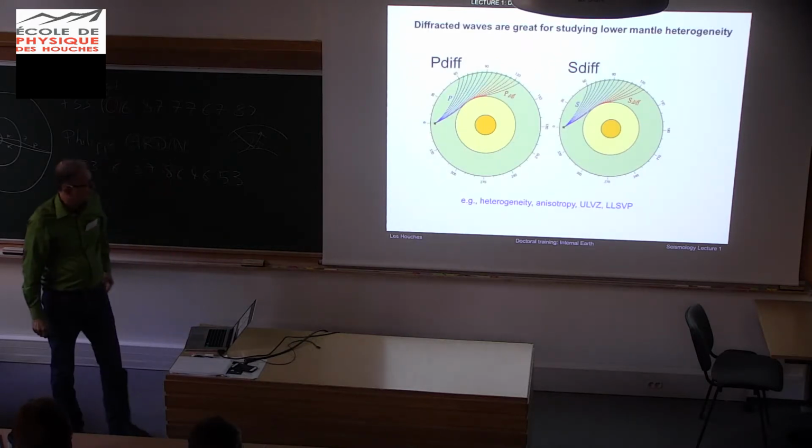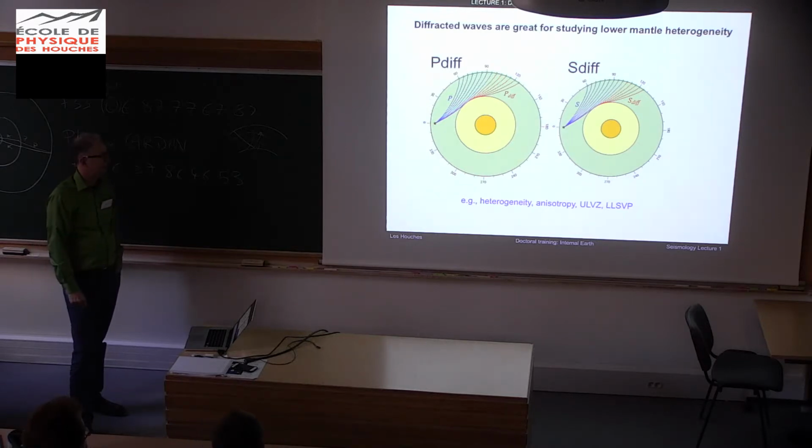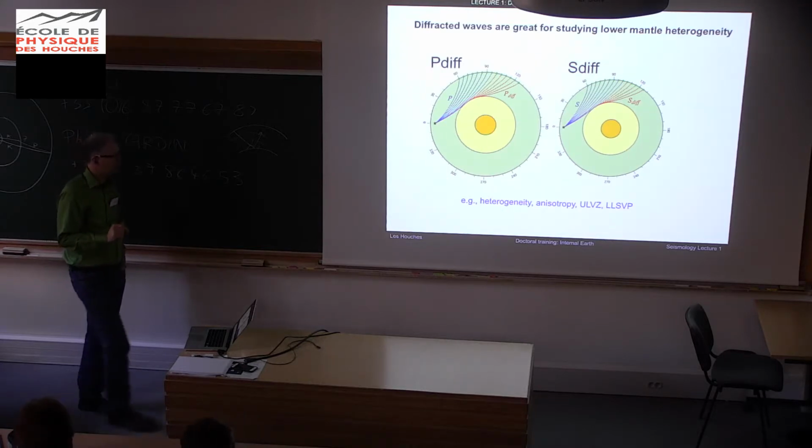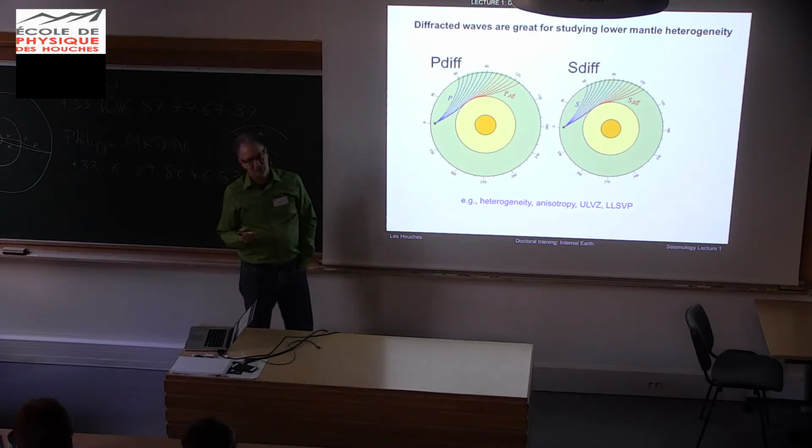Okay, diffracted waves. They were really in vogue like 30 years ago. And then there were not enough data to really do great things with them. And so this is, I would call it, low-hanging fruit. It's just waiting for people to get back into these things.